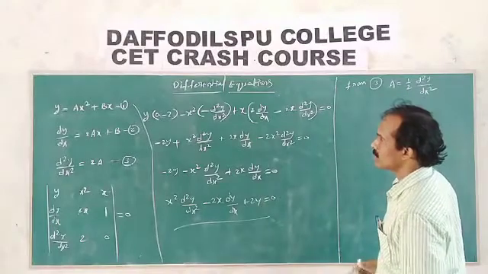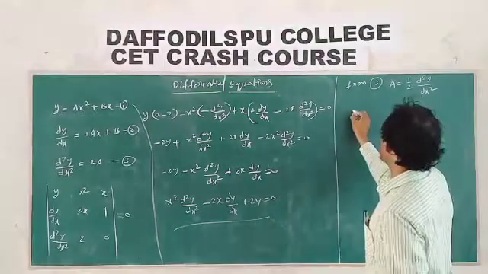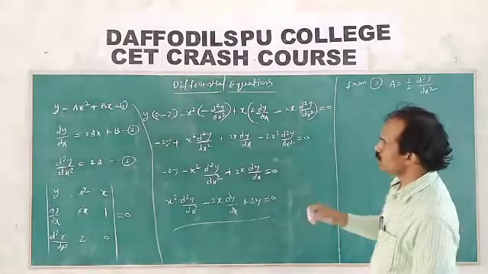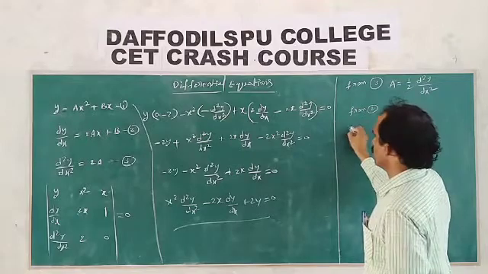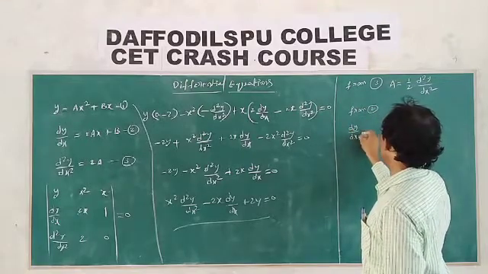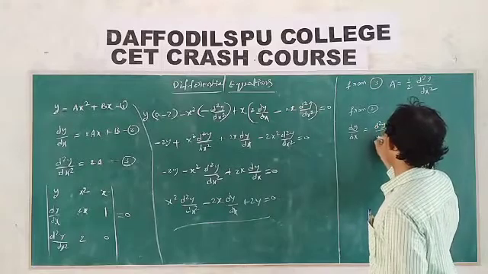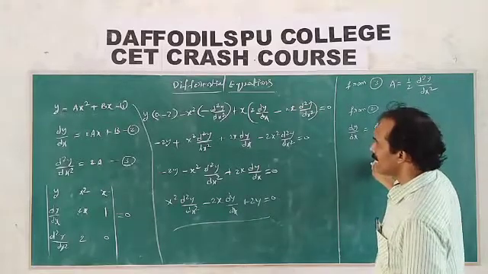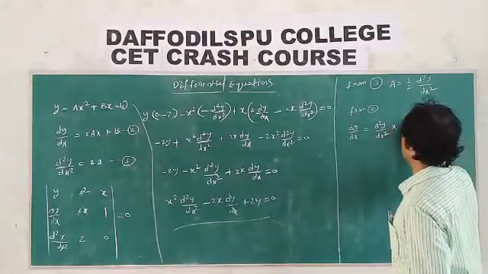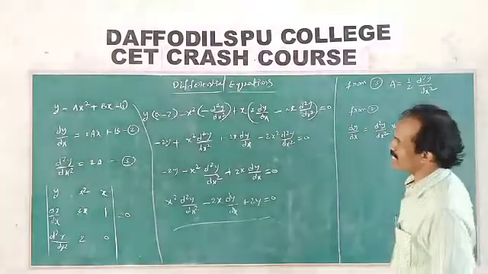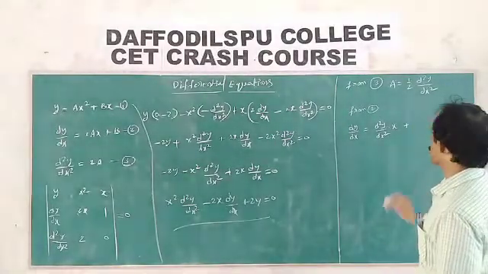Clear? Next, this is substituted into 2: dy by dx is equal to 2a value, d square y by dx square, into x plus b.